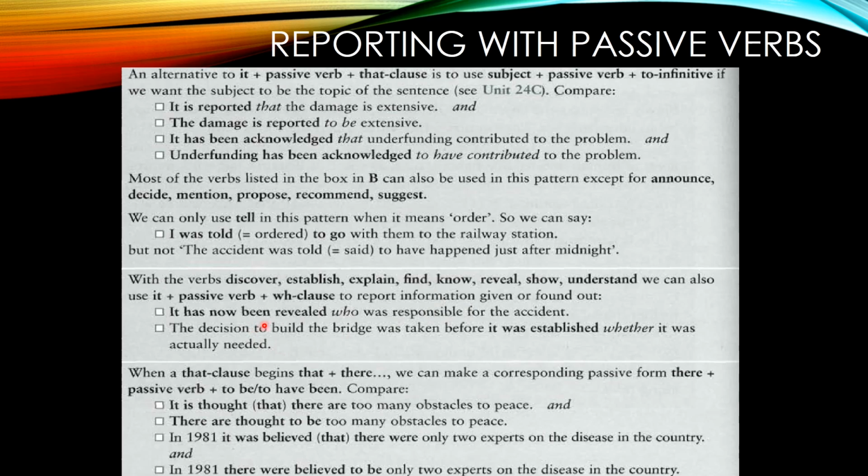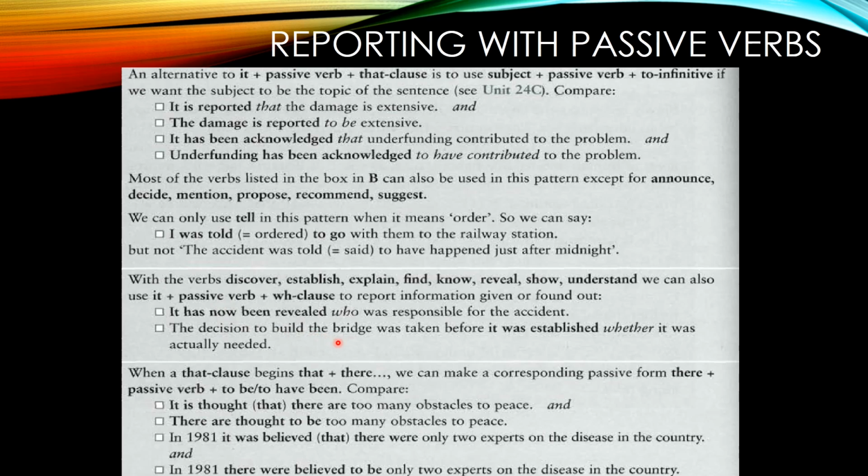It has now been revealed who was responsible for the accident. So we combined the sentence starting with it, the passive form, and we added a WH clause, and as a result we got this kind of sentence which we can use to report information given.